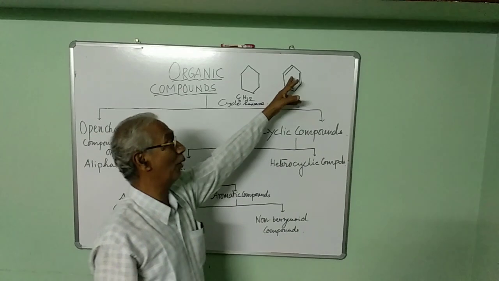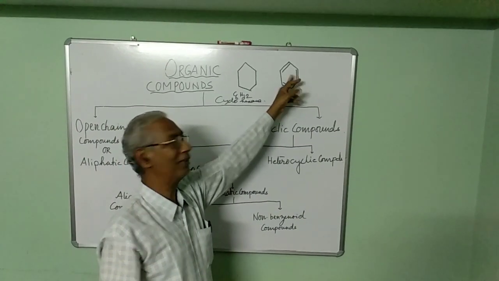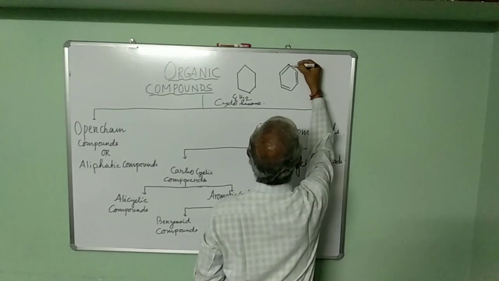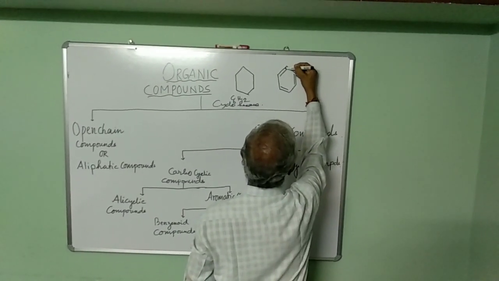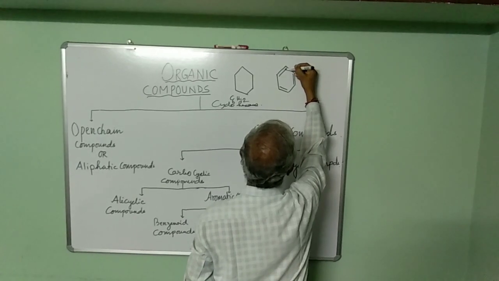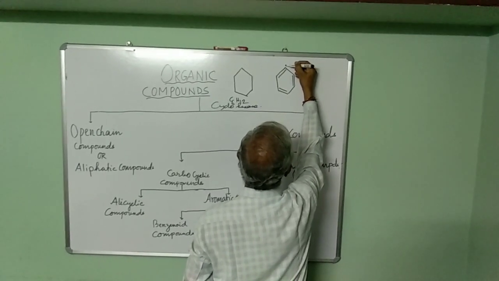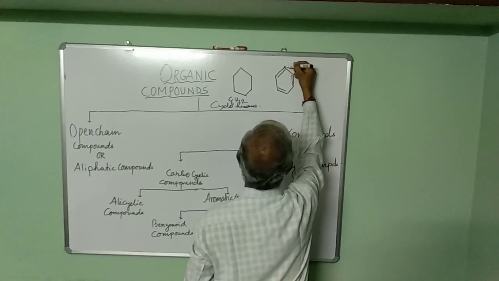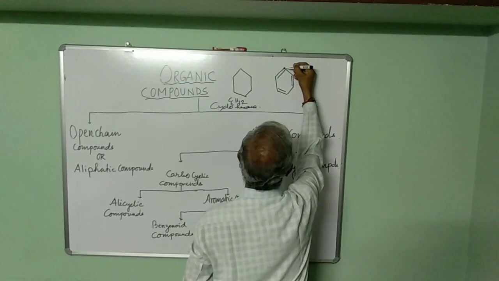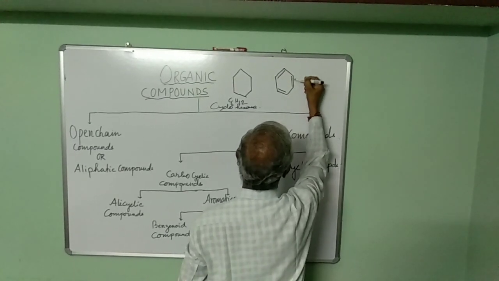Now, from this, how can you find out the general formula of these compounds? You see here, all corners stand for carbon atoms. With this corner, 3 valencies are there. 1 valency is short to become 4. That short valency is for hydrogen. So here will be 1 hydrogen, here 1, here 1, here 1, here 1, here 1.